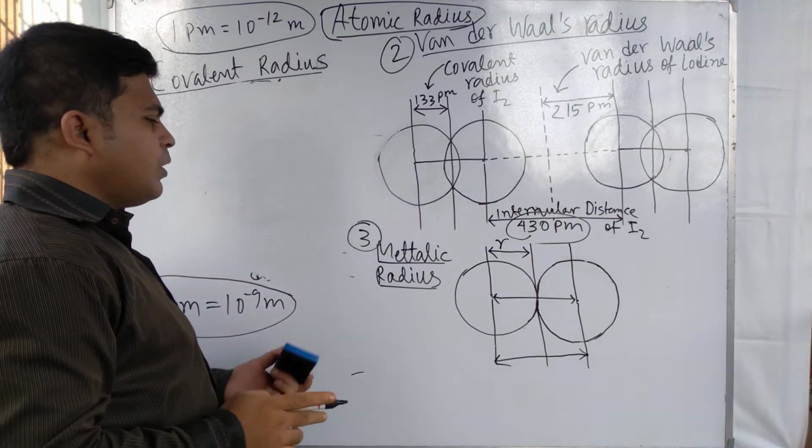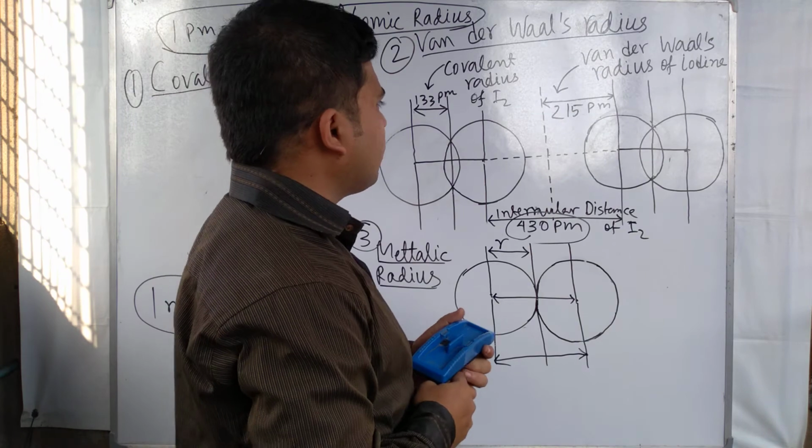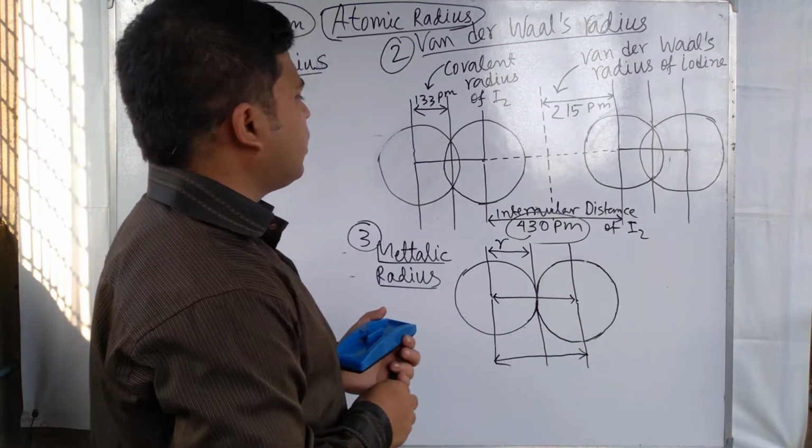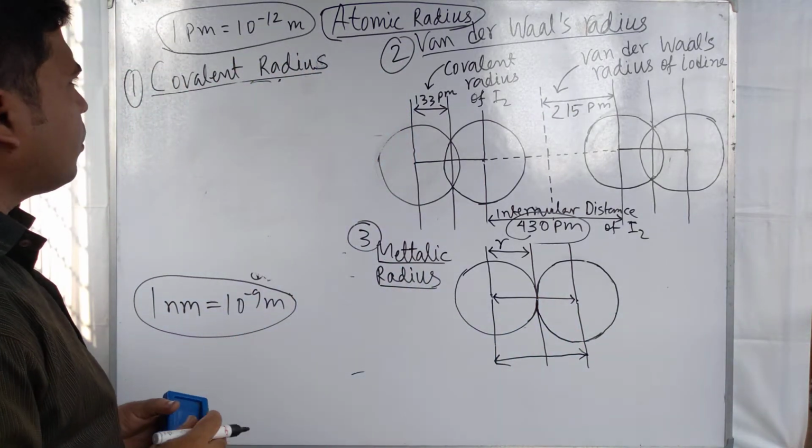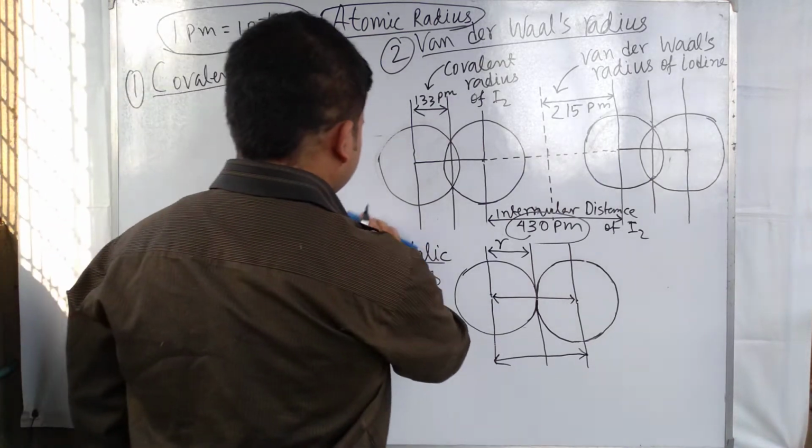So these are the processes of calculation of van der Waals radius, metallic radius and covalent radius.